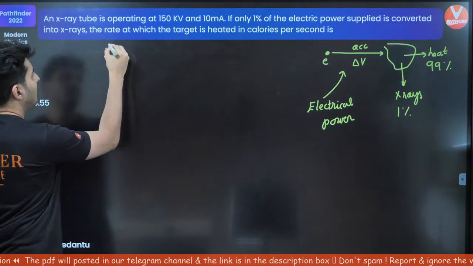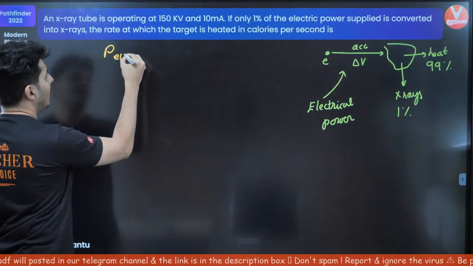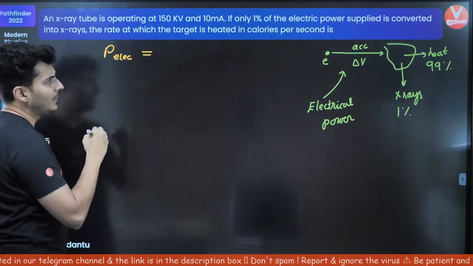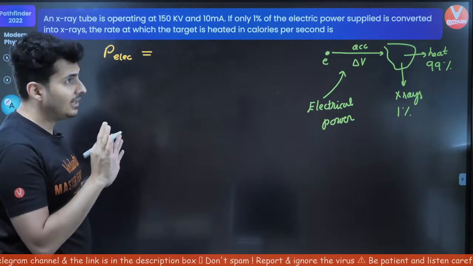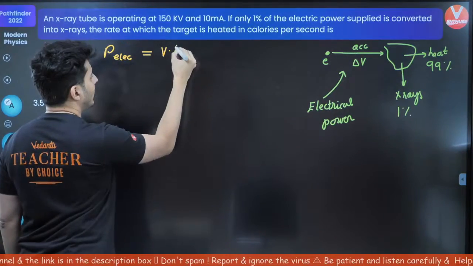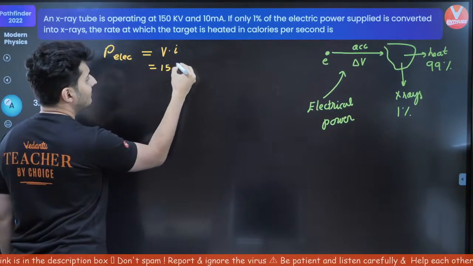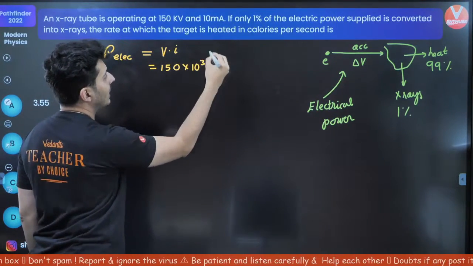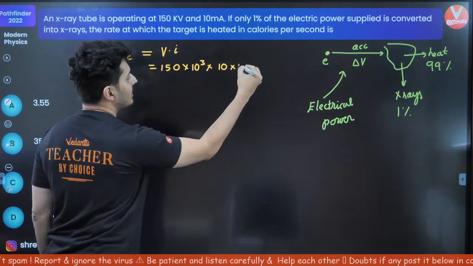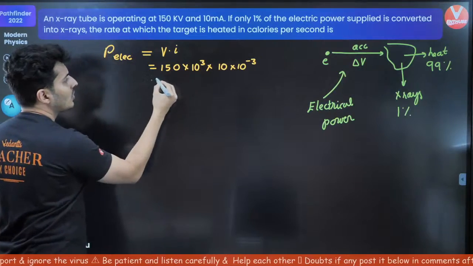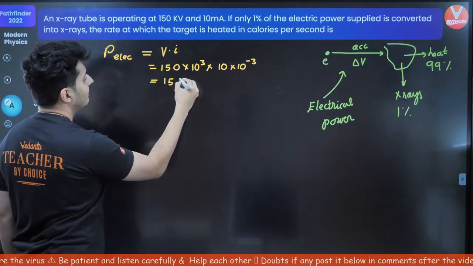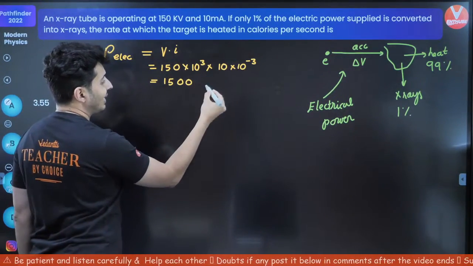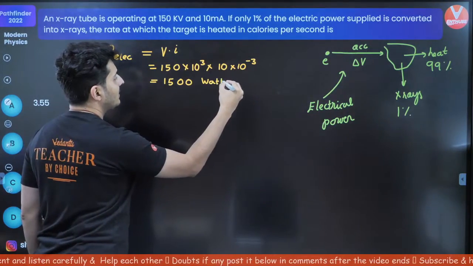First of all, the power generated by electricity will be equal to voltage into current. So voltage is 150 kilo, right? So into 10 to the power 3 into current, which is 10 milli, which is 10 to the power minus 3. So this will be 1500, but watts. I hope this is fine.